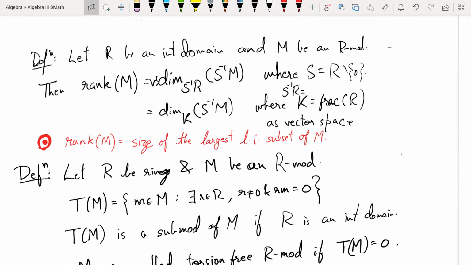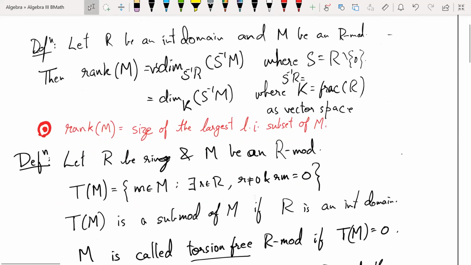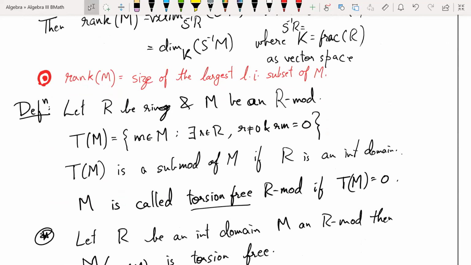So that's the homework. Then we also talked a little bit about torsion modules. So this was already defined. So the set of torsion elements: a torsion element in M is an element such that some non-zero element of the ring kills it. So the annihilator of little m contains a non-zero element. That's another way of thinking about it.